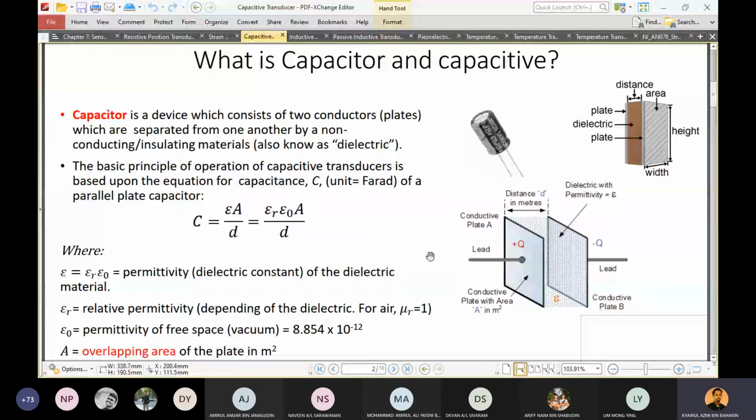And the equation you need to know and memorize is this equation here, which is capacitance C is equal to epsilon A divided by D. Okay, so epsilon in this case is called permittivity. Kita kena bezakan yang nilai ini dengan nilai strain tadi.